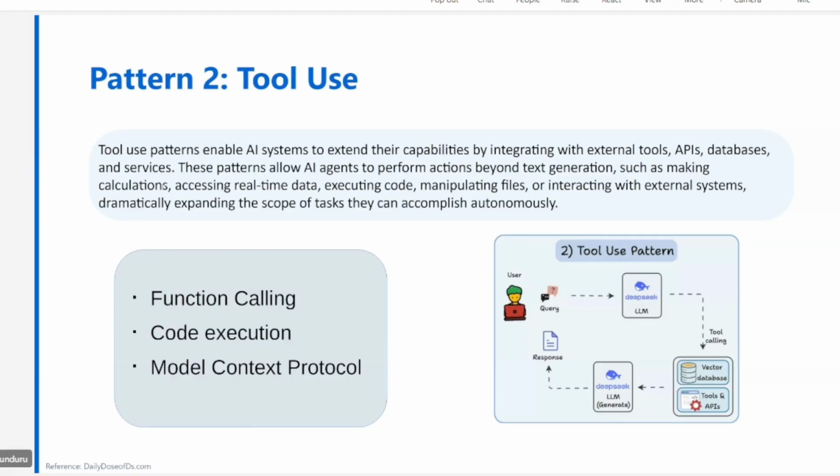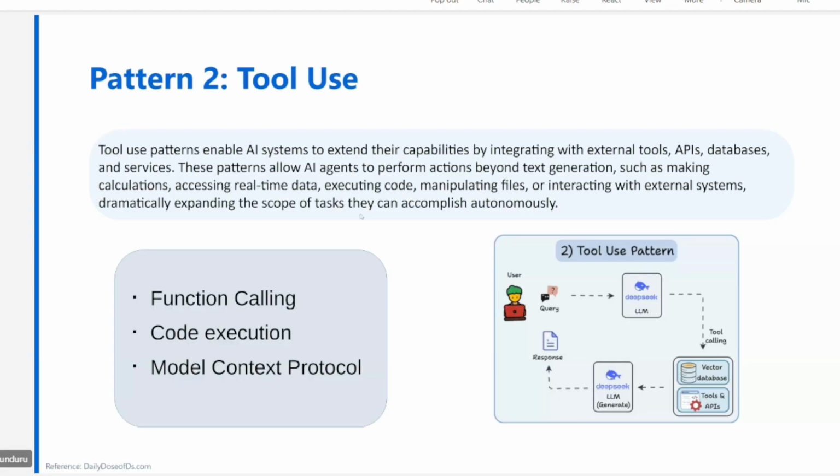The tool use pattern enables AI systems to extend their capabilities by integrating with external tools, APIs, databases, and services. These patterns allow AI agents to perform actions beyond text generation, such as making calculations, accessing real-time data, executing code, manipulating files, or interacting with external systems, scoping the task and accomplishing it autonomously.